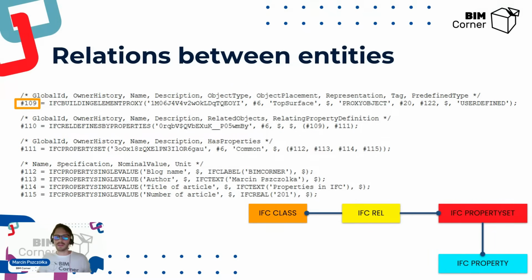This ID number is then connected to our relation, and this relation also shows how it is connected. The main class having the object definition is connected through this relation with the property sets. So this is a very typical framework for how you should read STEP files.